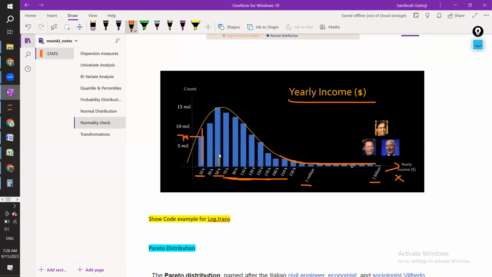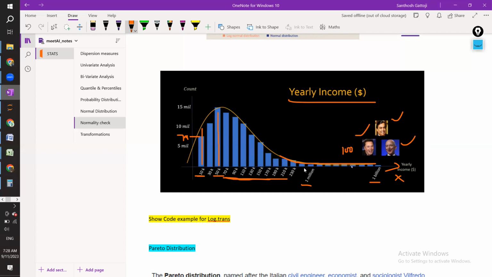Here the distribution is very high, and decreasing, and by the moment you reach here, it is very low, not more than like 100 people, like Ambani, Musk, Bezos. Few people will have extremely high values. These people are responsible for the skewness. Agree?